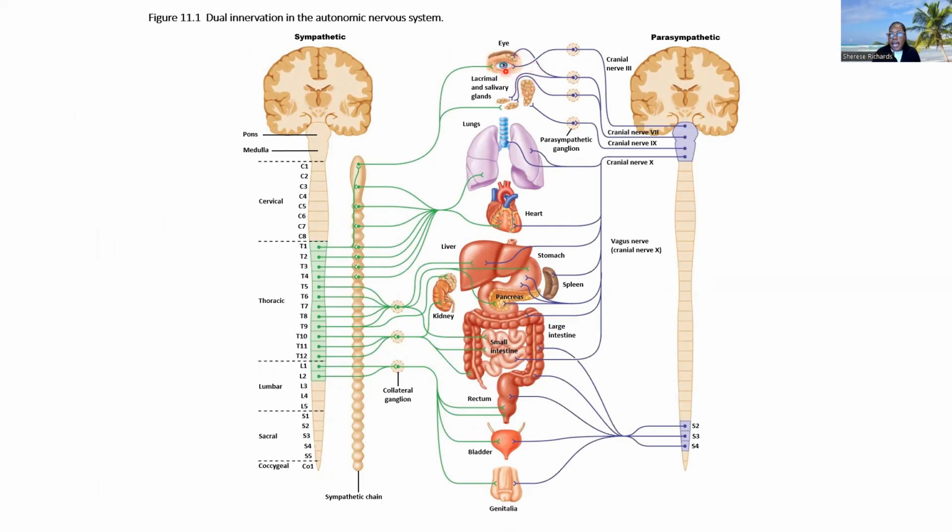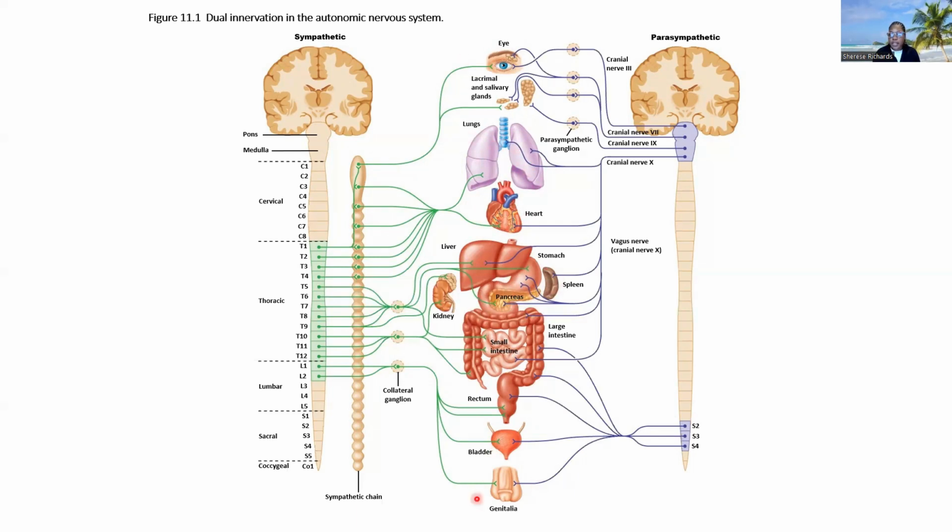So the glands, the lacrimal glands, as we can see here, that produce tears, the salivary glands that produce salivary secretions, the function of the lungs, not only the smooth muscle lining the bronchial tree, right, the trachea and bronchi, but also the actual smooth muscle out in the lungs and the alveoli themselves, the heart muscle, and the SA and AV nodes here, the liver, glands in the liver, the stomach, the glands of the pancreas, the spleen, right?